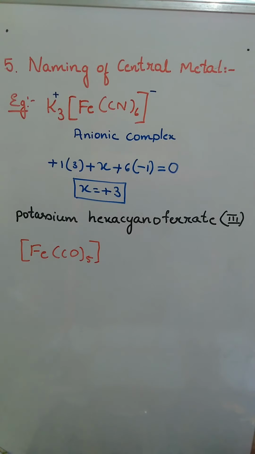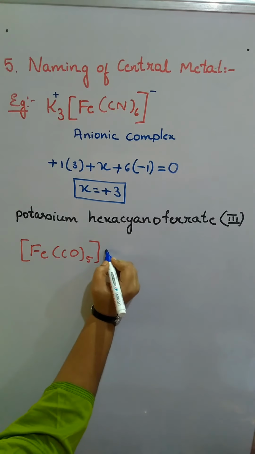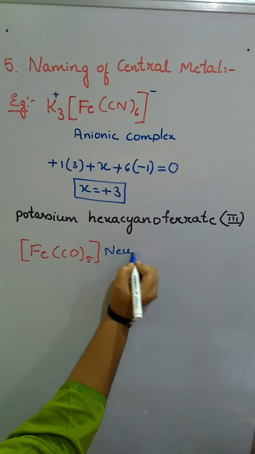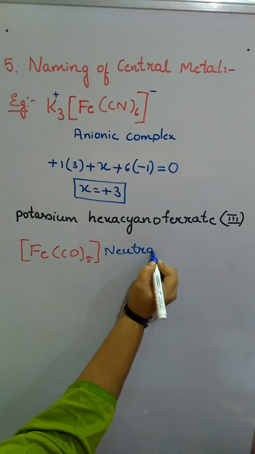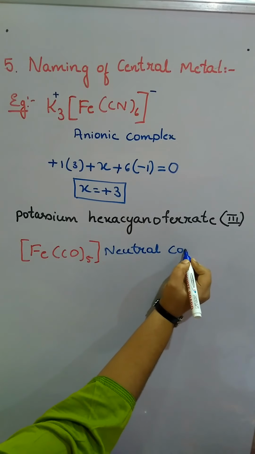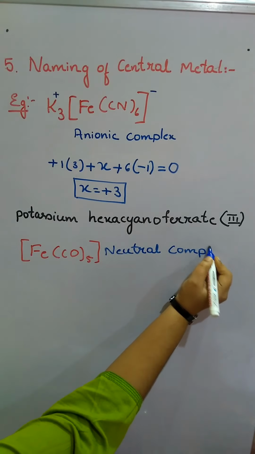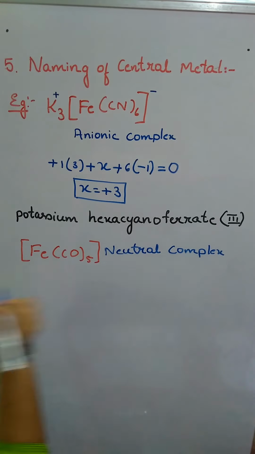If counter ion is not there and charge is also not there, then this is an example of a neutral complex. So the oxidation state of iron we shall find.